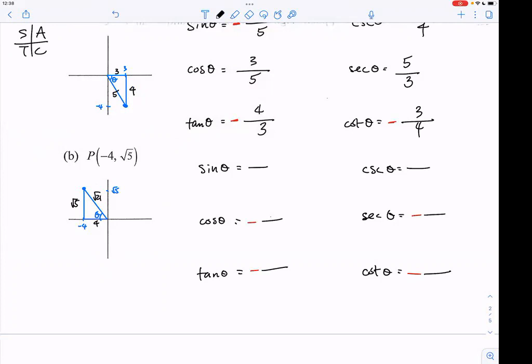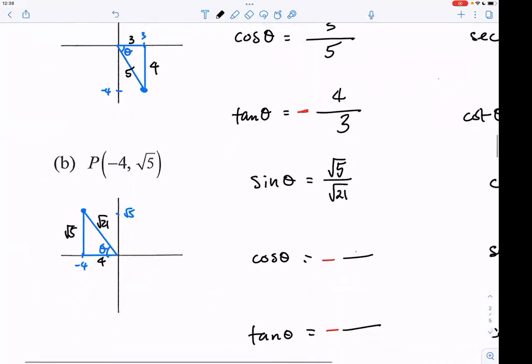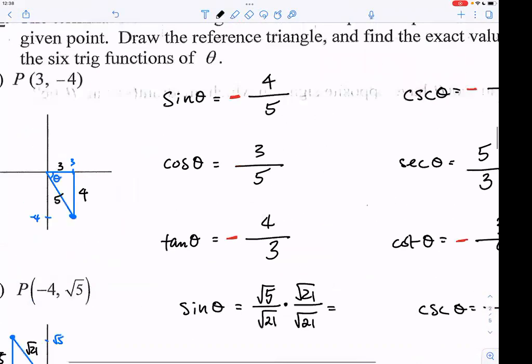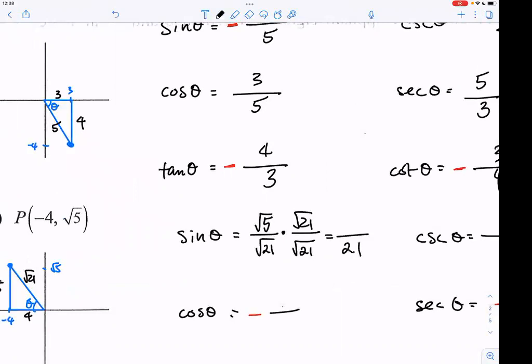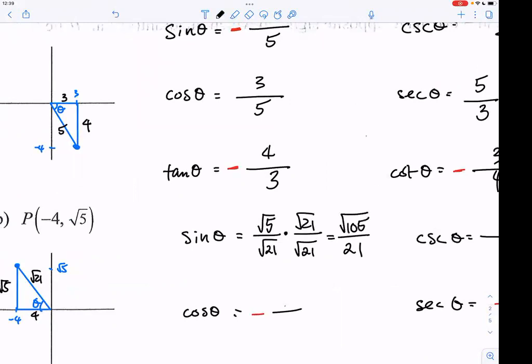Okay. So sine theta is opposite over hypotenuse. So that means √5 over √21. Okay, and because we need to rationalize it, we need to multiply by √21 over √21. So the denominator would be 21, and the numerator would be square root of 105.